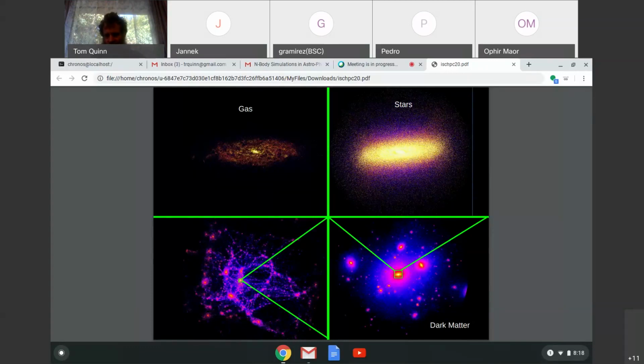Actually, this image is very similar to one of the test data sets that I've provided for you. And so one of the features of this particular data set is we're trying to capture the gravity in a rather large volume, but we're focusing our resolution on a particular galaxy. And it's the galaxy we've zoomed in on, and you see in the lower right.